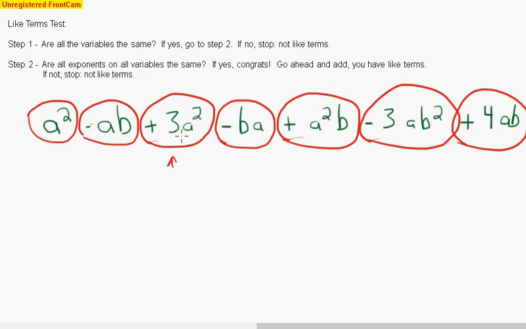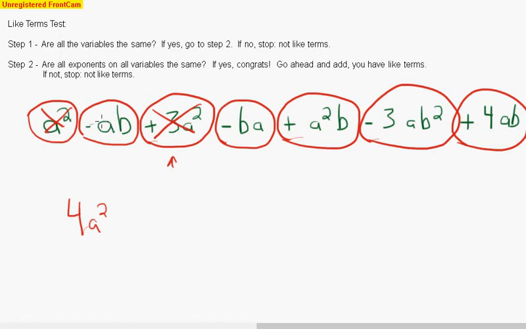So the only possibility of being a like term is 3a squared. So a is the same, then we check the exponents. Are the exponents on the variables the same? A squared, yes. So this is like saying I have 1 apple plus 3 more apples. I have a total of 4 apples, or 4a squareds. So they're gone.